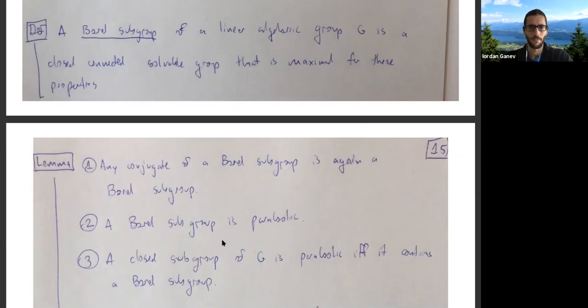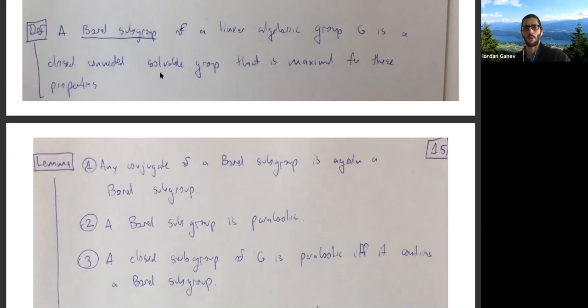So Tal, you were asking what an analog of parabolic is for compact Lie groups. This is it. Borel subgroups still make sense, because solvable is a notion for an abstract group.